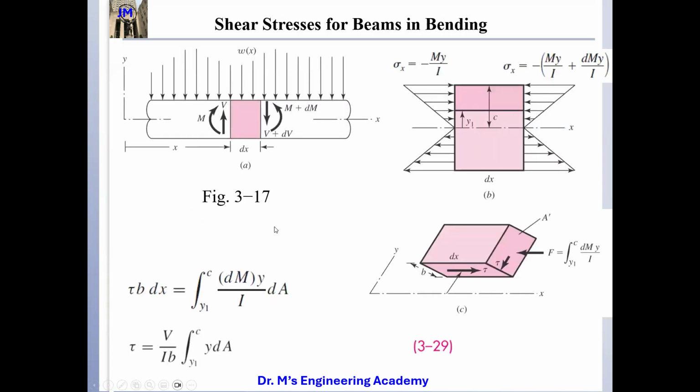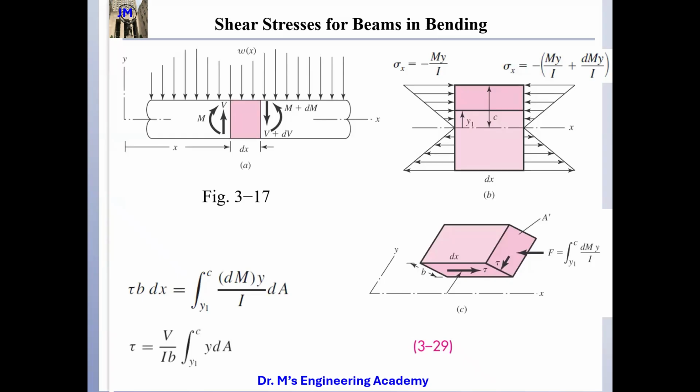So look at the shear. The shear stress for a beam in bending. Suppose we have this beam and this omega x, a uniformly distributed force, and suppose we have an infinitesimally small distance dx. This is x, and we have V here. V is the transverse shear, and this is the bending moment, right?